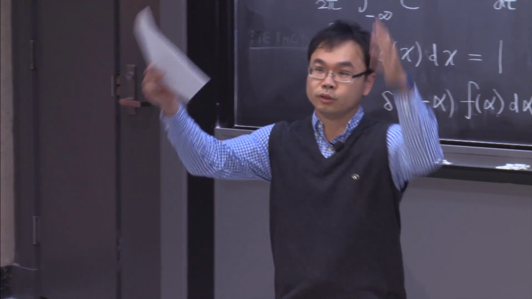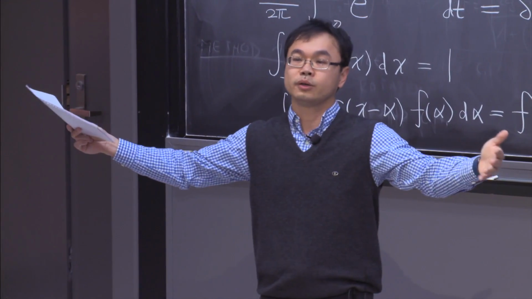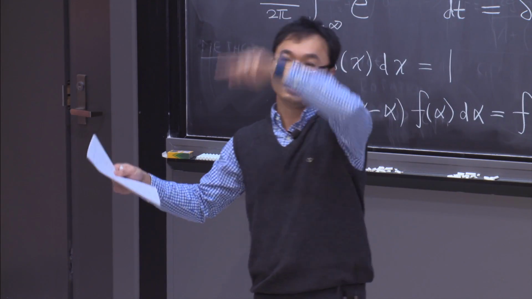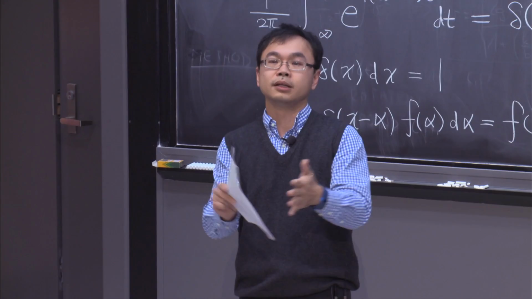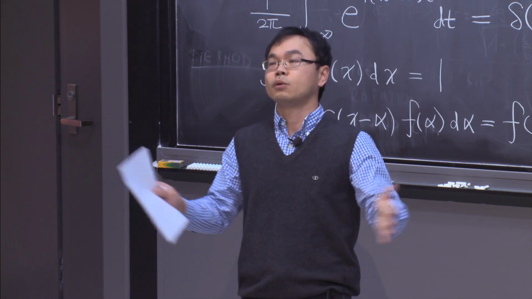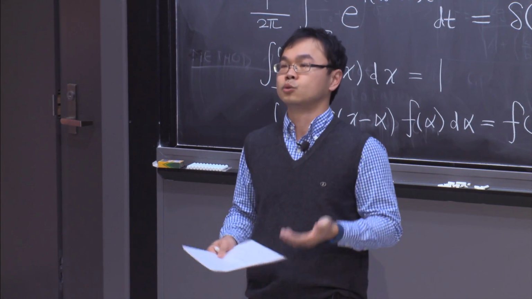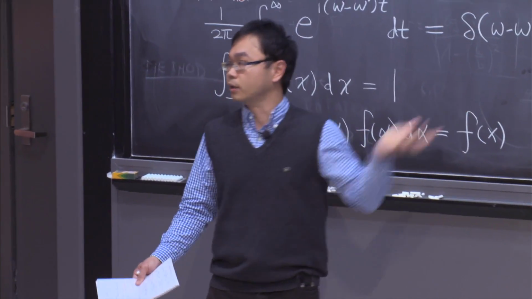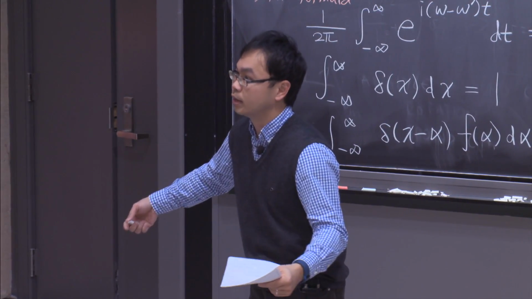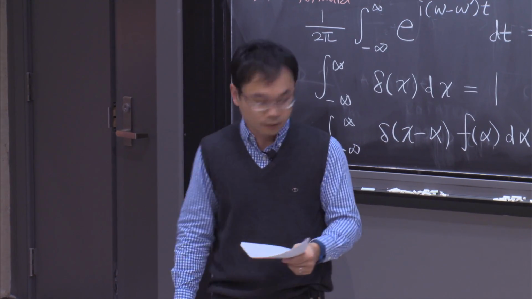You can start with a square pulse, for example, and make the width of the square narrower and smaller, going to 0. Then what you get is the delta function. So that's how we understand this delta function.